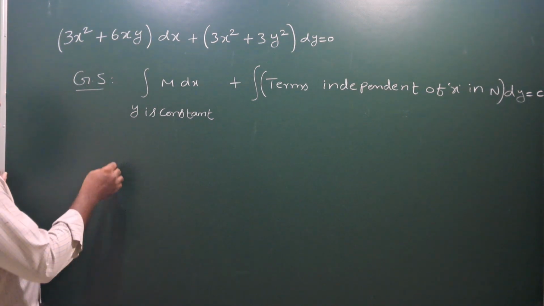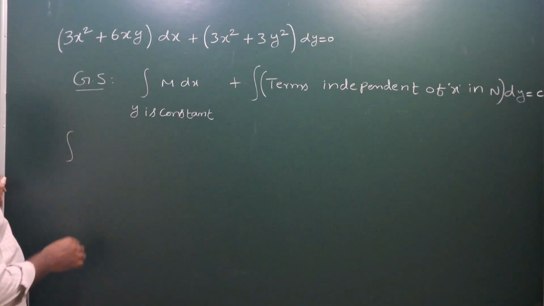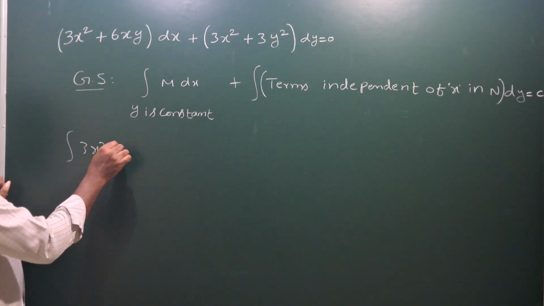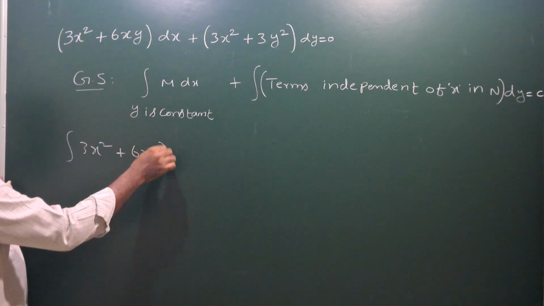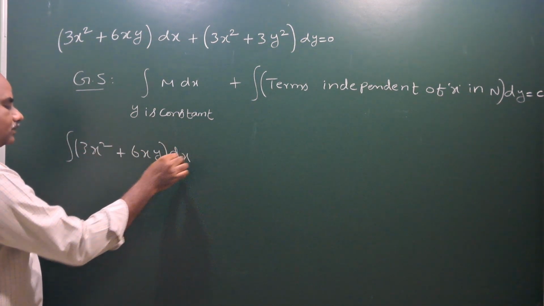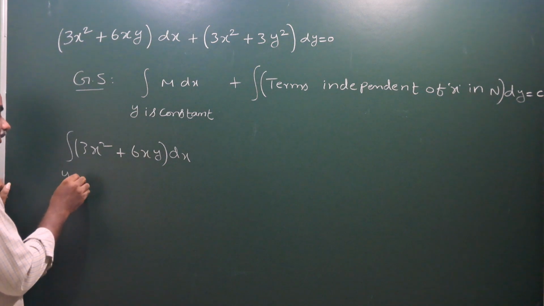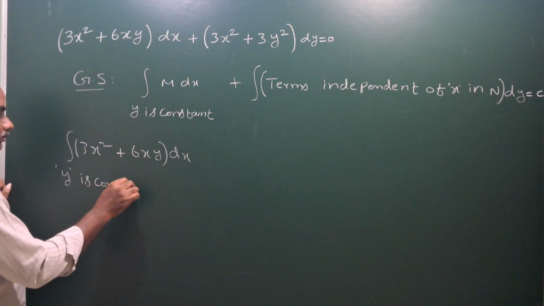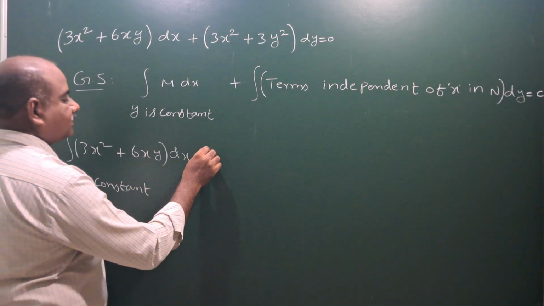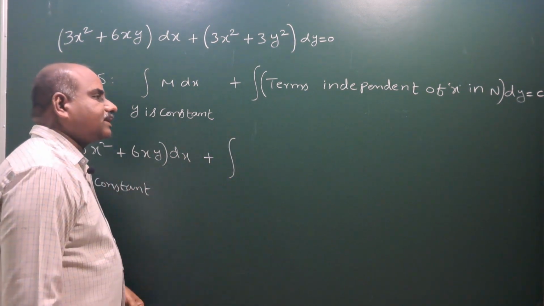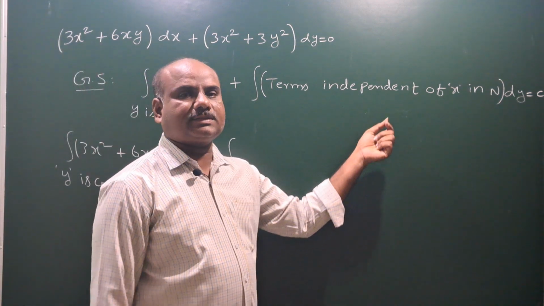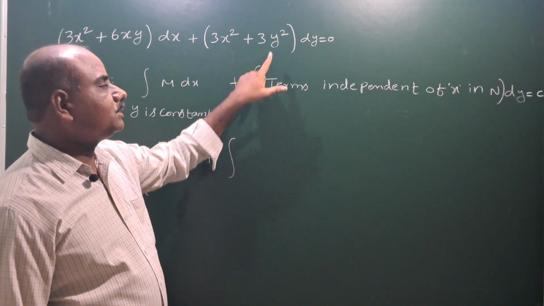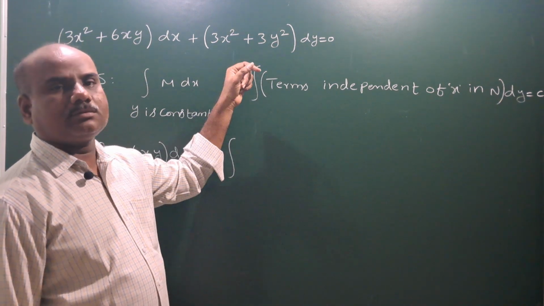So let us substitute the values. Integral M means this is the value of M, (3x² + 6xy) dx. Here y can be treated as constant. Plus integral of terms independent of x, that means terms without x, in N, which is 3x² + 3y².